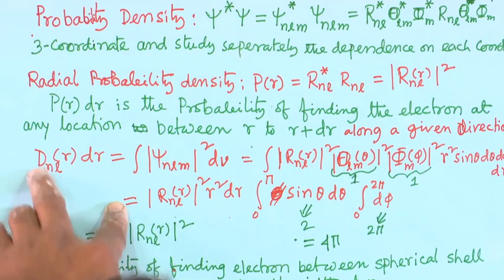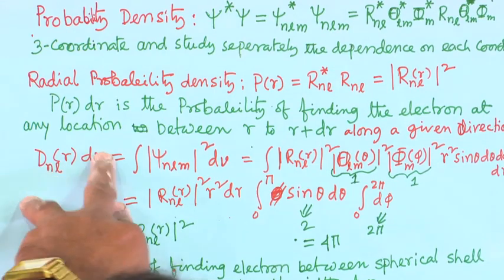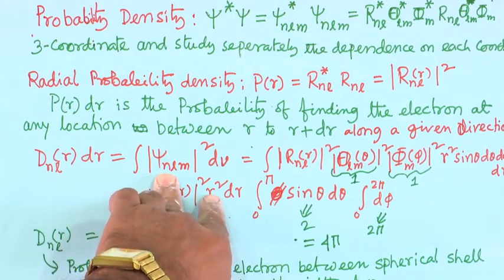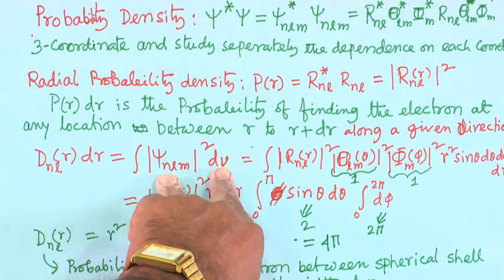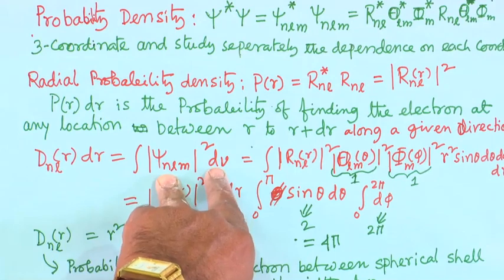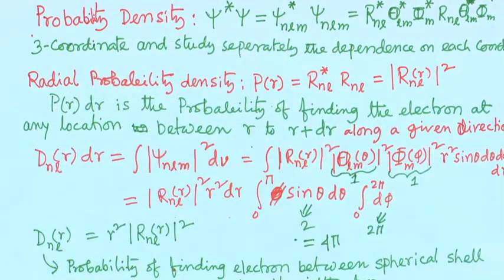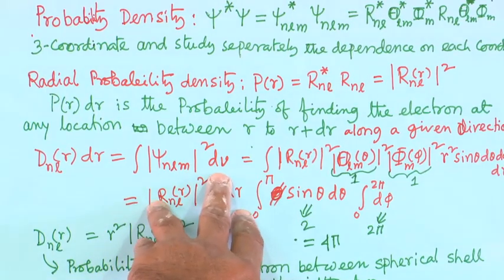So, to get the probability density for that type, if we write it, that is D n l r dr. So, here basically psi star psi d v, okay, because here theta and phi also we have to consider as a whole.